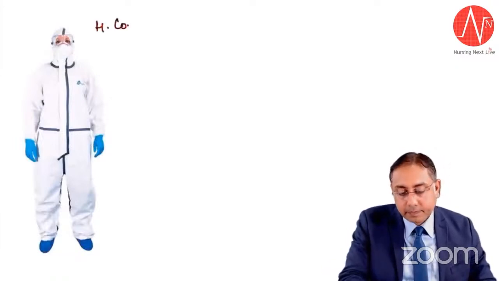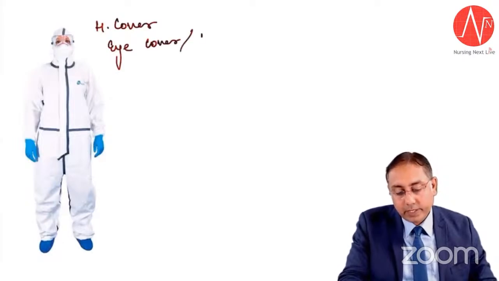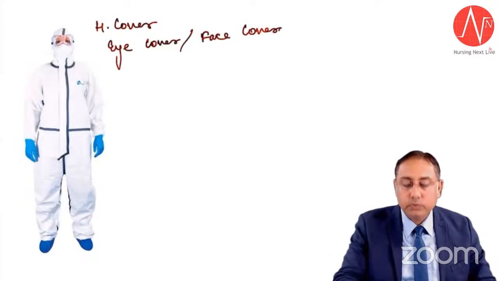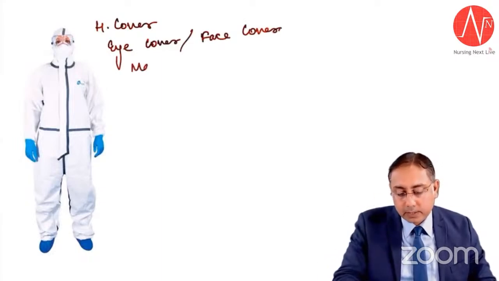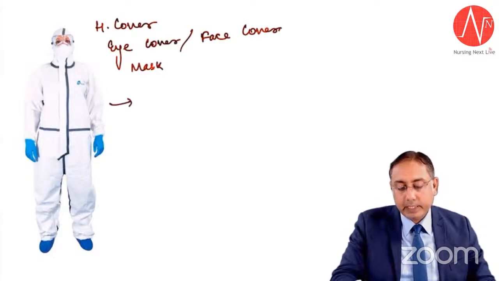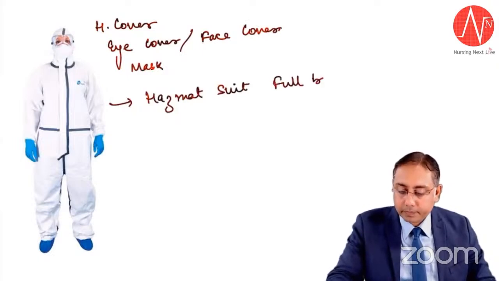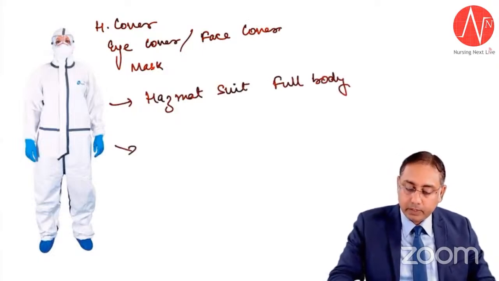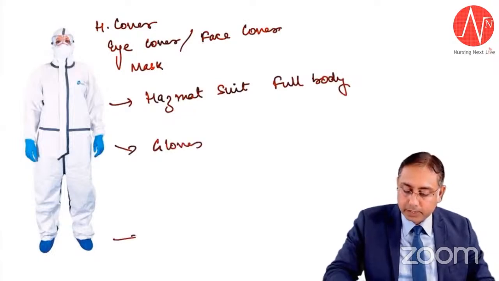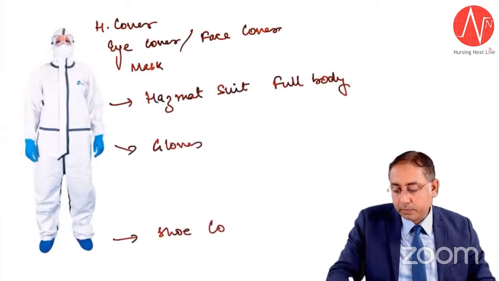So what is this PPE? PPE includes the head cover, the eye or face cover, that is the face shield, then the mouth cover or the mask, then the hazmat suit, which is a full body cover, then gloves, and last the shoe cover.